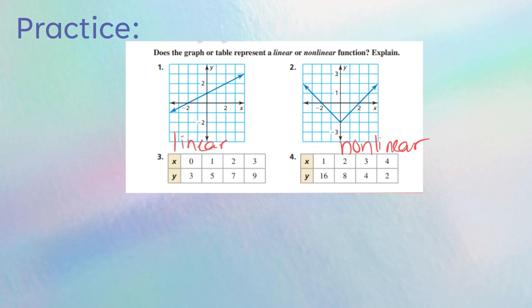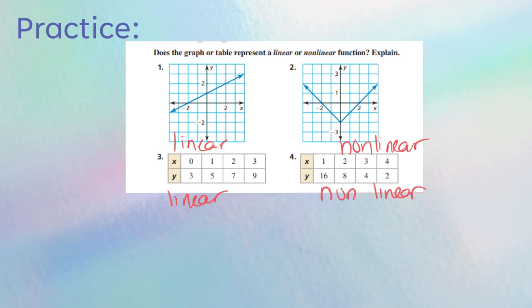What about number 3? Table 3. What is x increasing by? And y increases by 2. And it's constant, right? It's a constant rate of change. What about 4? Non-linear.